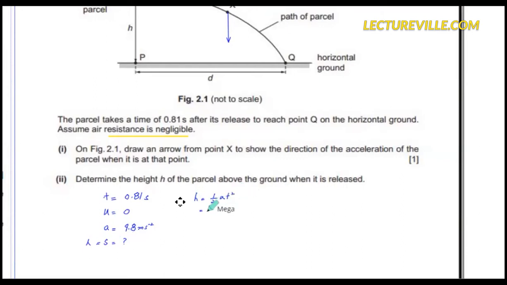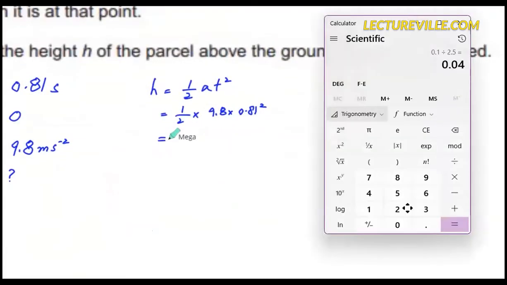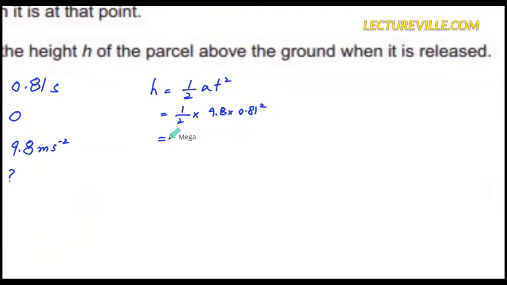So it is 1 over 2 into 9.8 into 0.81 squared. 0.5 multiplied by 9.8 multiplied by 0.81 squared. So it is 3.21 meters or 3.2 meters.